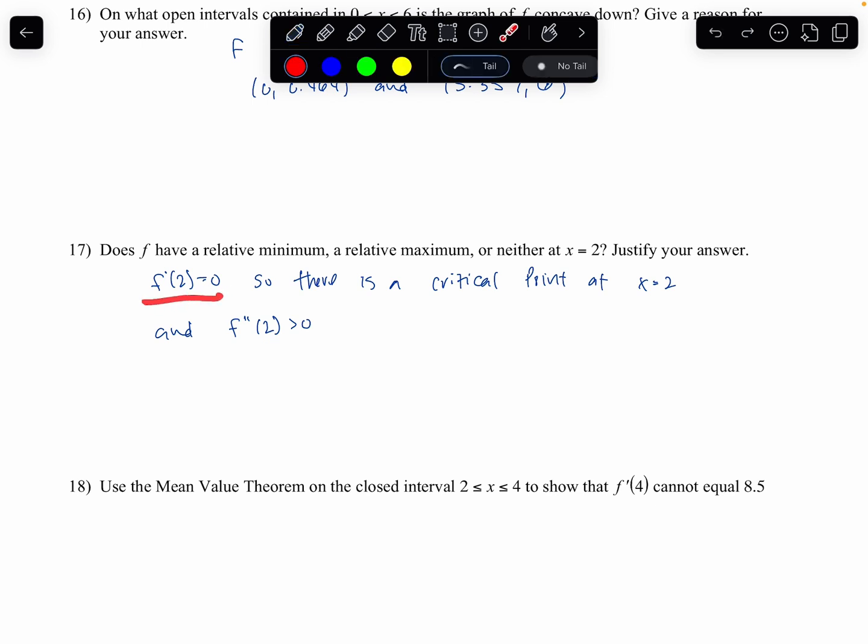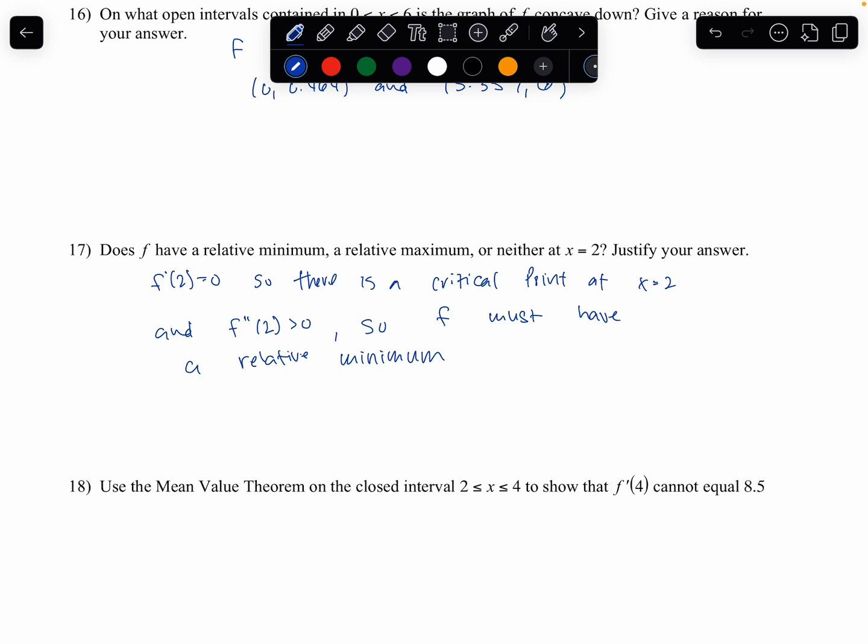So f prime of 2 is equal to 0, so there's a critical point at x equals 2, and f double prime of 2 is positive, so f must have a relative... Okay, well, because f double prime is positive, that means the curve is concave up, and because it's a critical point right there, that means it has to be a minimum. So f must have a relative minimum.